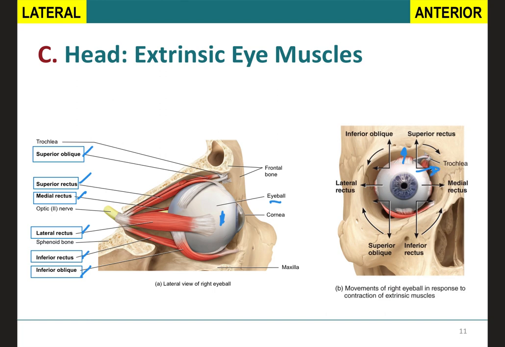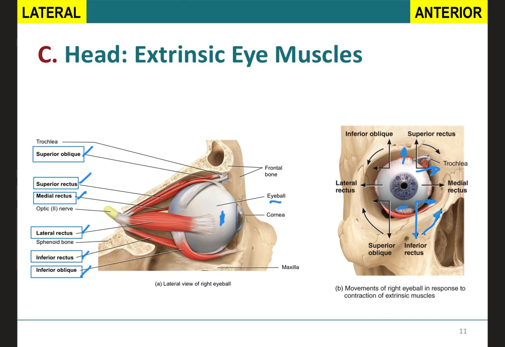However, it can also perform adduction, which means that it will bring it medially, as we can see from this arrow over here. Like the name says, the inferior rectus will insert on the inferior anterior part of the sclera, and when it contracts, it will mainly perform depression, but it can also perform adduction and lateral rotation, as we can see right over here.